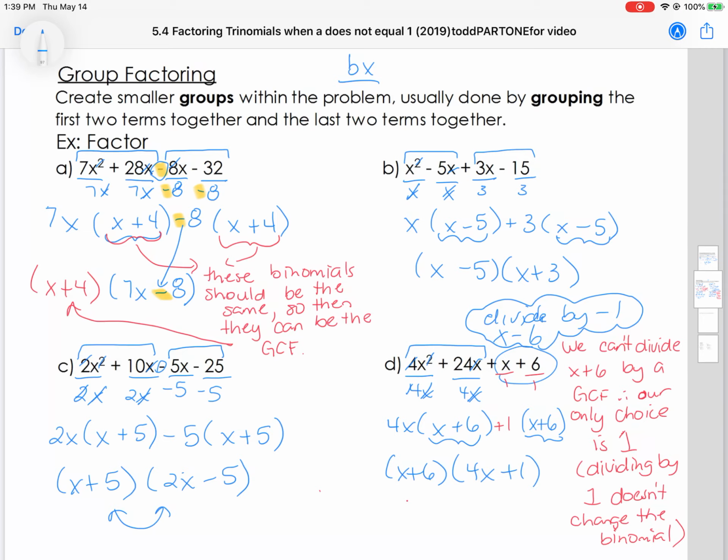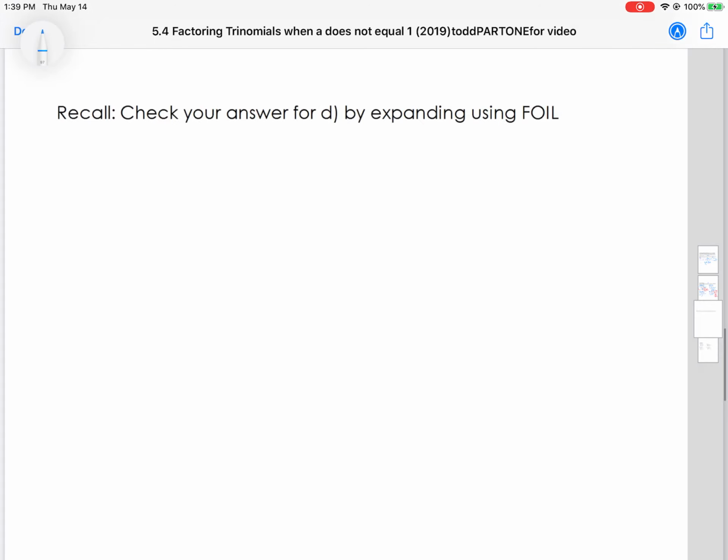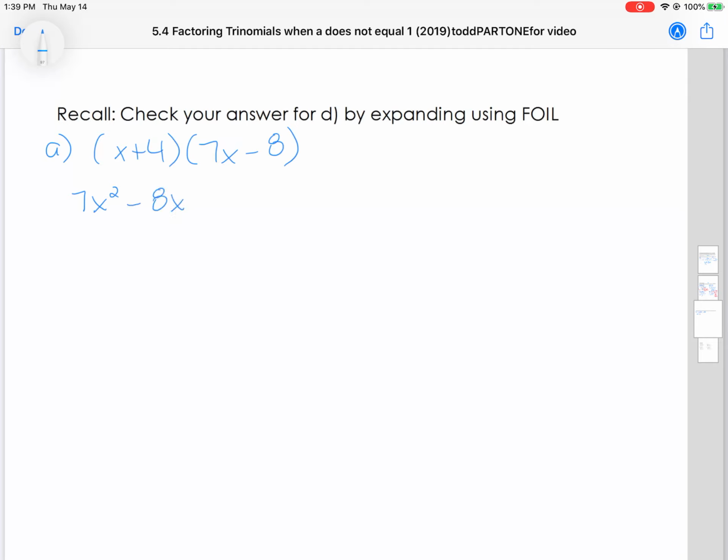So the last part here is to check your answers. So you can still do that. And when you check your answers here, when the expression hasn't been simplified because you're going to factor by grouping, then you just do first, so 7x squared, outside negative 8x, inside plus 28x, and last minus 32.